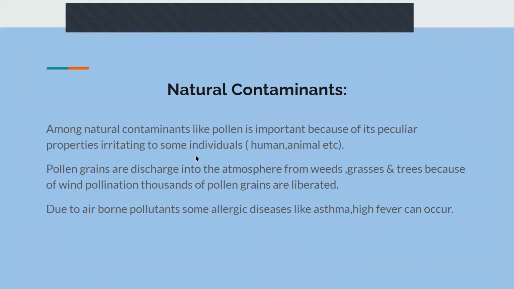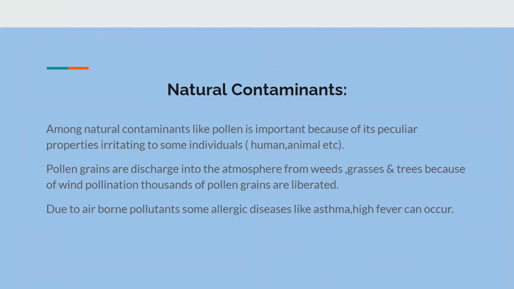Among natural contaminants, pollen is important because of its peculiar properties, irritating to some individuals. Pollen grains are part of flowers. Flowers secrete pollen grain particles, which are very small in size, and when released from the flowers they come in contact with the atmospheric air and flow a long distance in the air.